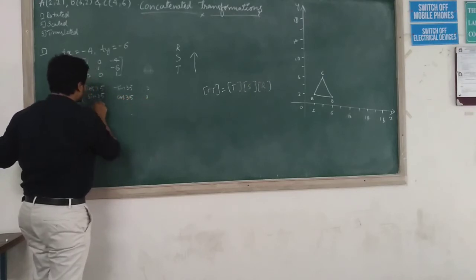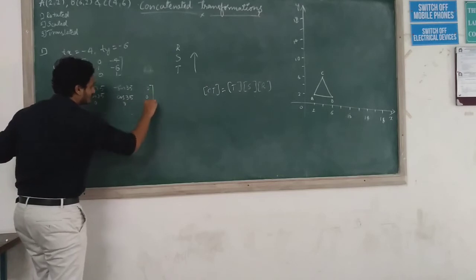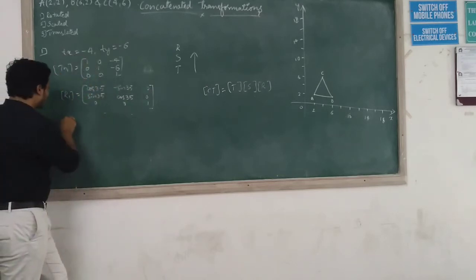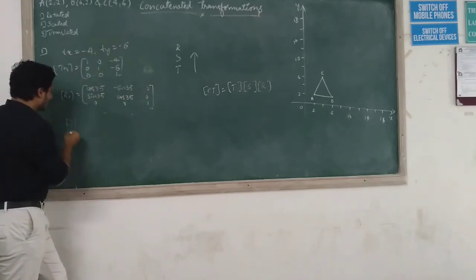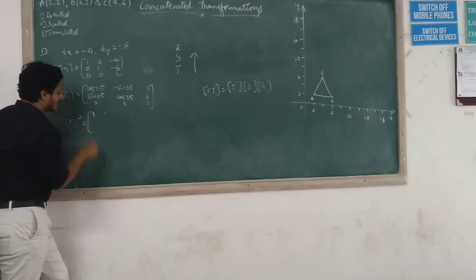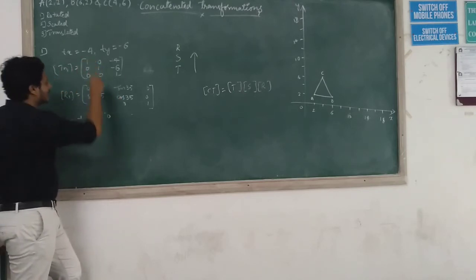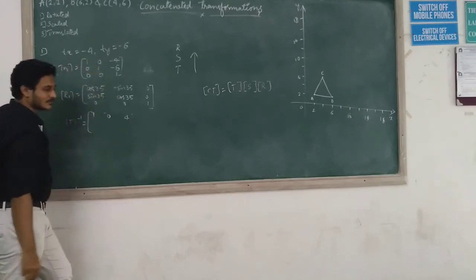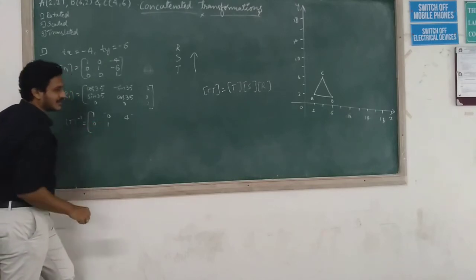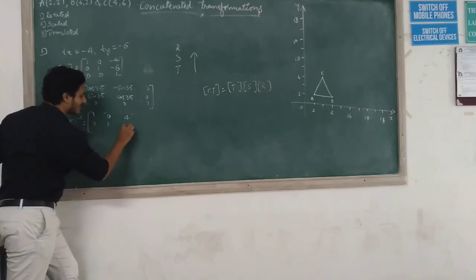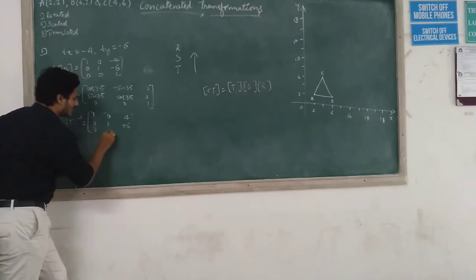Then next comes the inverse translation: 1 0 minus Tx, minus of -4 is 4, 0 1 minus Ty, minus of -6 is +6, and 0 0 1.